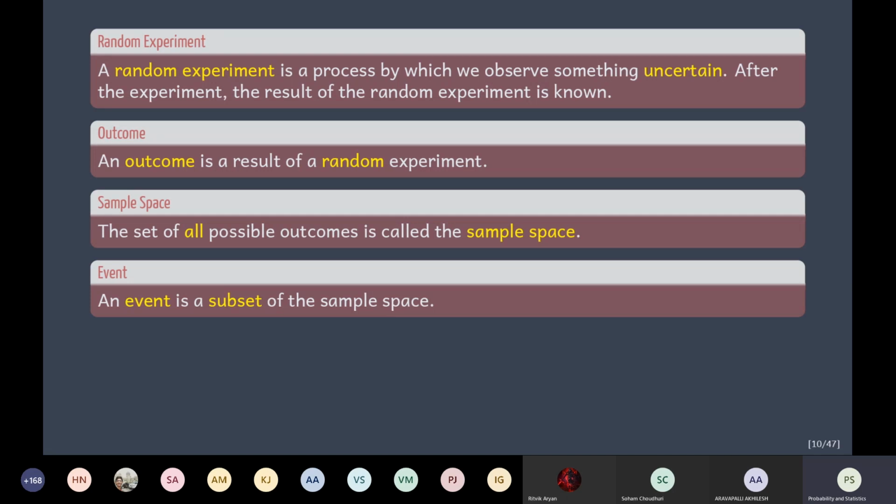And an event is a subset of that. Let us say the event that you define is expecting a head. Then your event is a set containing head. Naturally, an event will be a subset of the sample space. You cannot choose an event that is outside the sample space. That is not possible.